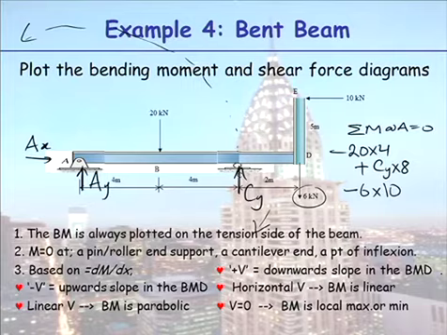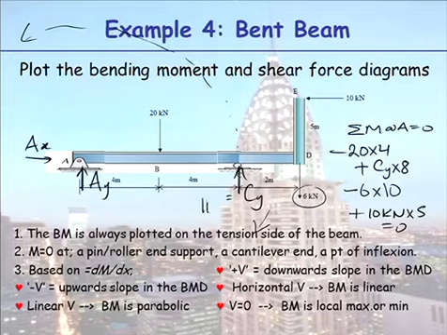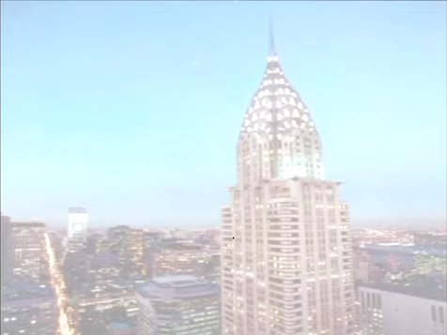And do I have anything else that causes a moment? Yes, beautiful. I have my force 10 kilonewtons. And what's its perpendicular distance from A? Beautiful, 5 metres. Excellent. And that's going clockwise or anti-clockwise? Okay, anti-clockwise. All of that equals 0. And from that, CY is 11.25.